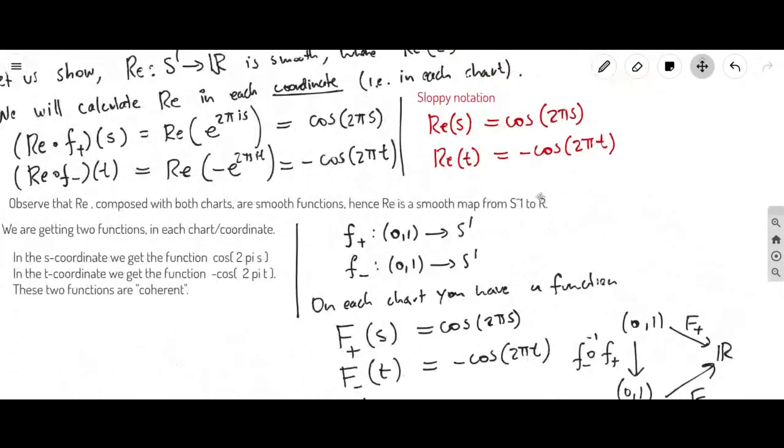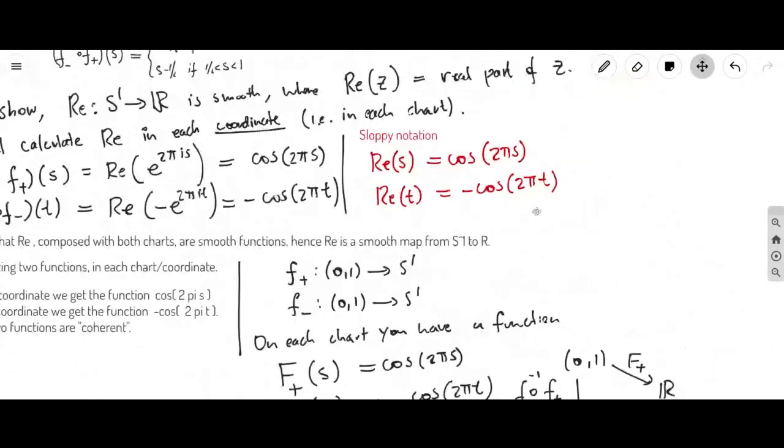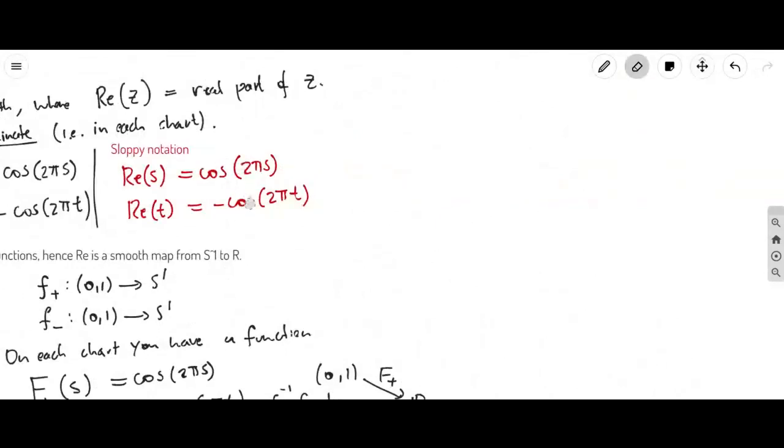The quick way to check it is that you go back to the sloppy notation, and then you ask, what's the change of coordinate? The change of coordinate is that t is equal to either s plus a half or s minus a half, depending on what interval s falls into.